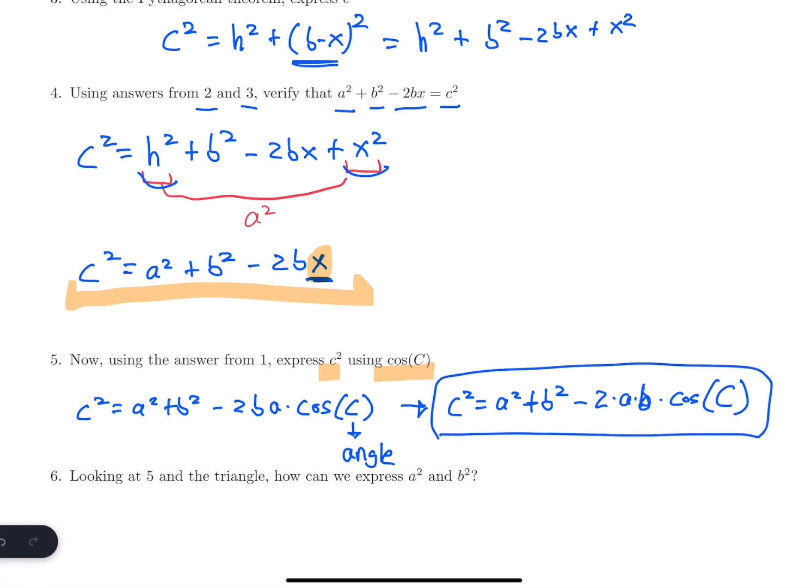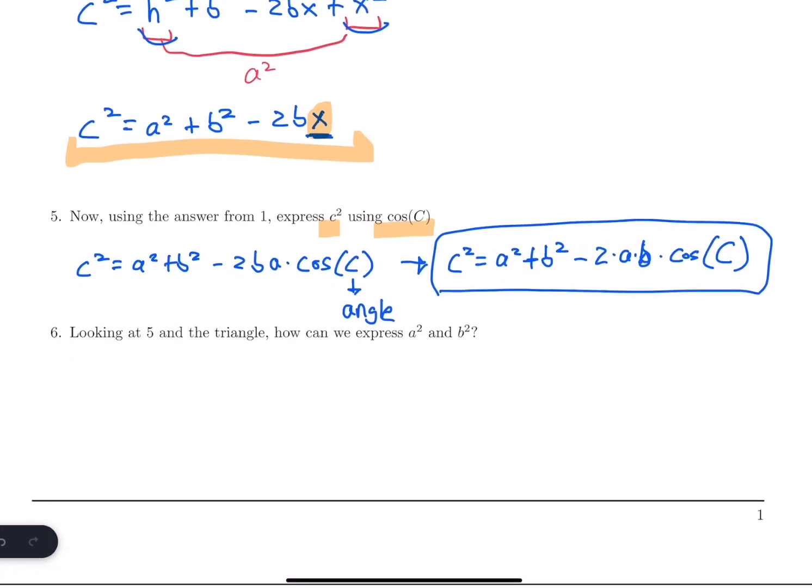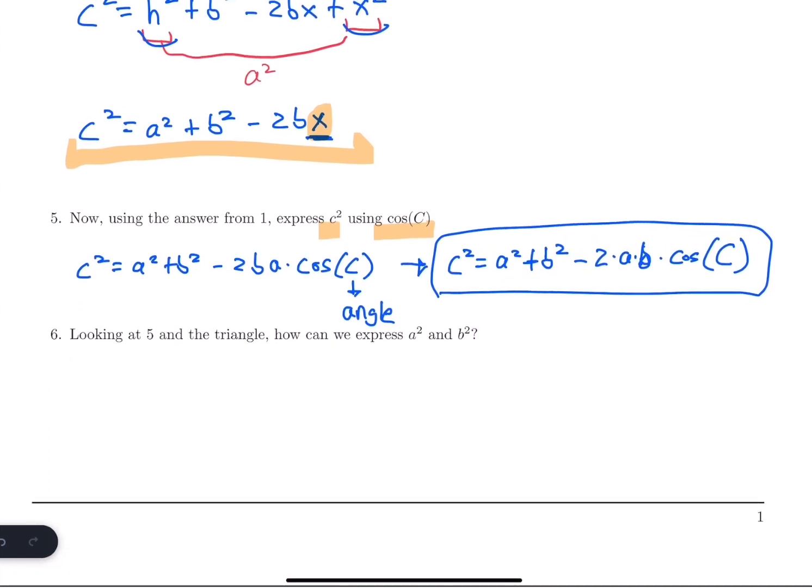Looking at step 5 in the triangle, we can also express a squared and b squared in a similar way. We can do this step again using a squared and b squared. Let me write the two other laws of cosines. a squared equals b squared plus c squared, the two other lengths that are not a, squared and added, minus 2 times b times c times cosine of the corresponding angle to a.